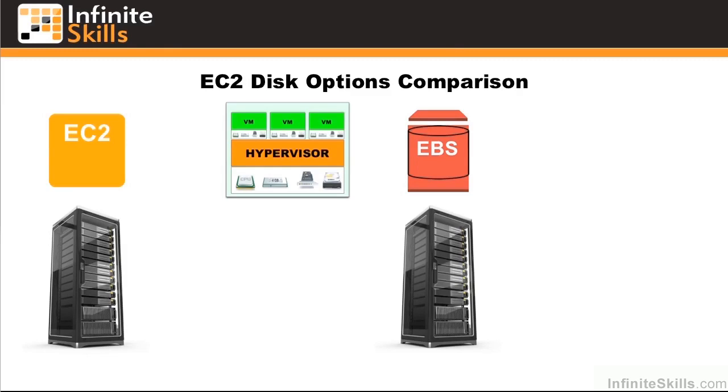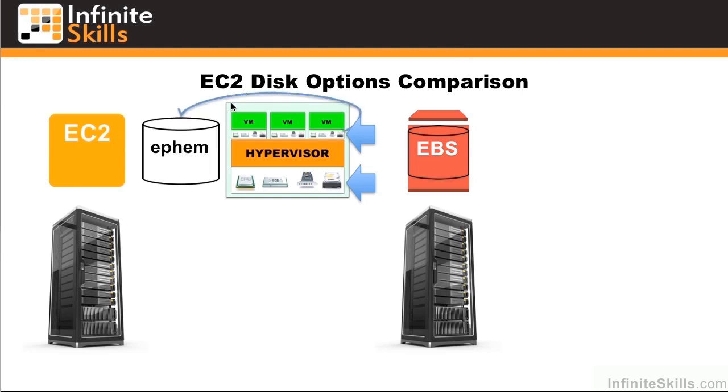Let's blow that up a little bit. This hypervisor takes the machine's local resources, such as CPU, RAM, network card, and disk, and makes those available as individual pieces to each VM so that each VM sitting above the hypervisor has access to a part of underlying hardware. When we talk about ephemeral or instant store, we're talking about that disk.